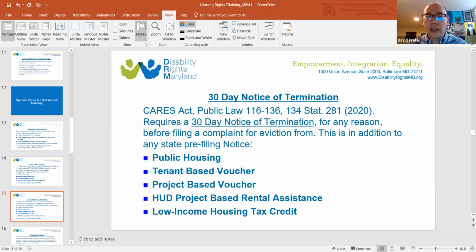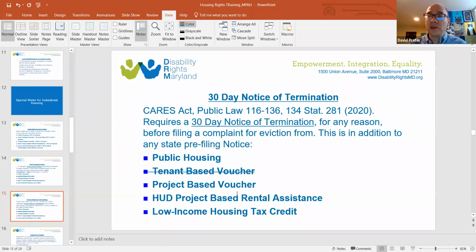So here's a good example. Public housing residents, if they don't pay their rent, will now receive, or should receive, a 30-day notice of termination prior to the landlord having the right to file a complaint.